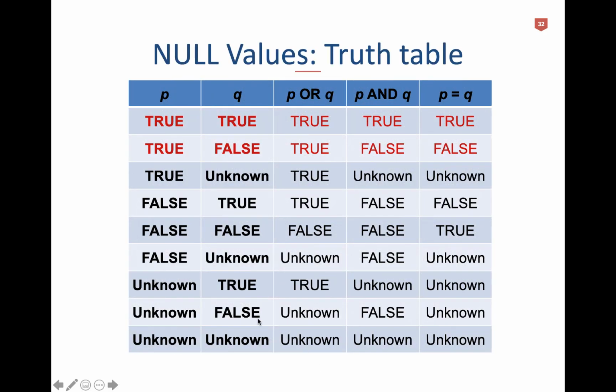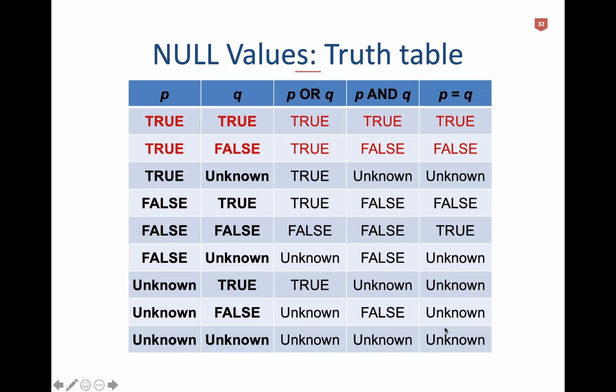For example, if P was unknown and Q was true, then P equals Q is also unknown. If P was unknown and Q was false, P equals Q is unknown. If they're both unknown, P equals Q is also unknown. This is a little confusing, but you should know it.